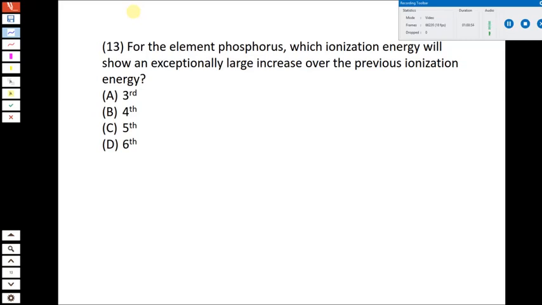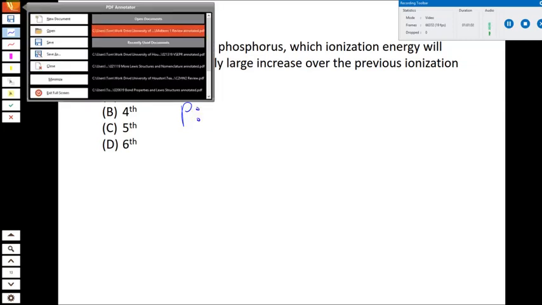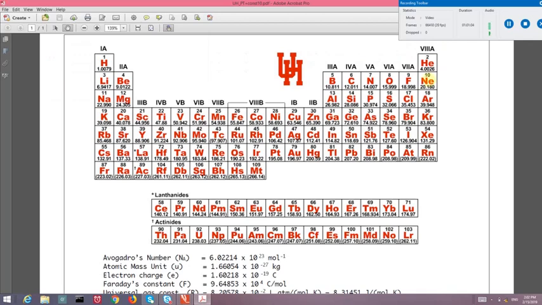All right, so the first thing we have to think about is the electron configuration, or more specifically, the number of valence electrons. So for phosphorus, the electron configuration is going to be, phosphorus is number 15. Neon is the noble gas that comes before. We go to 3s2, 3p, 1, 2, 3. So we should be able to get that configuration.